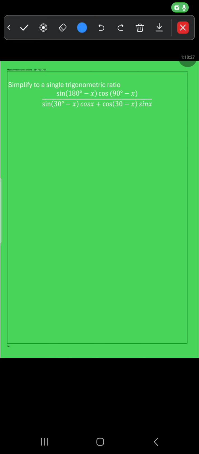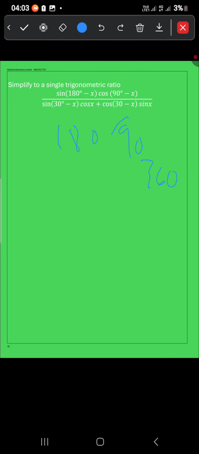Then for this, 180 minus, then cos 90. For angles like 180, 90 and 360, you drop them, meaning you make them disappear. The only angle that should be left inside the brackets is the variable angle.